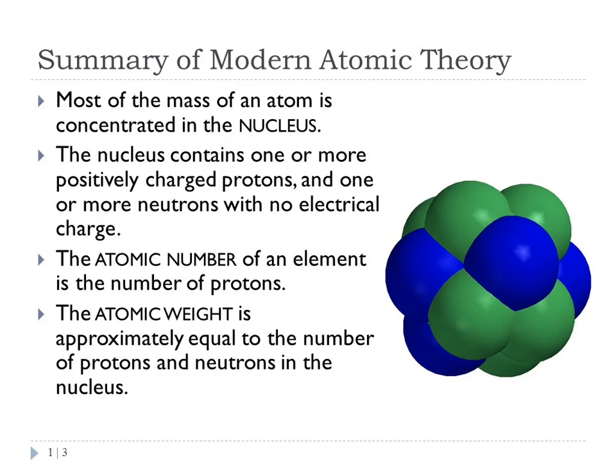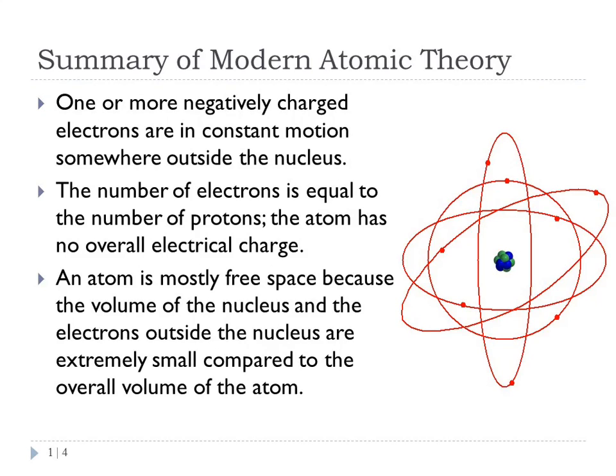The atomic weight is approximately equal to the number of protons and neutrons in the nucleus. So if you have 6 protons and 6 neutrons, the atomic weight would be about 12. And then the electrons. The electrons we're very interested in because they affect how atoms interact with each other.